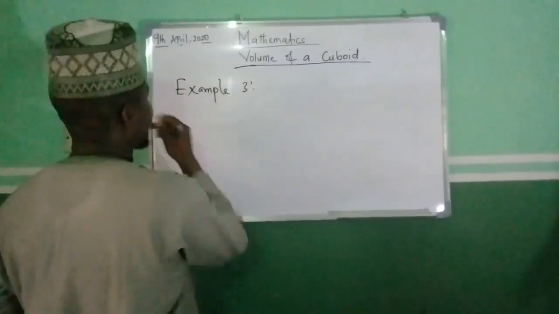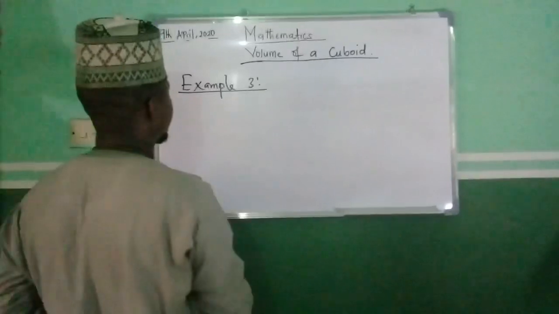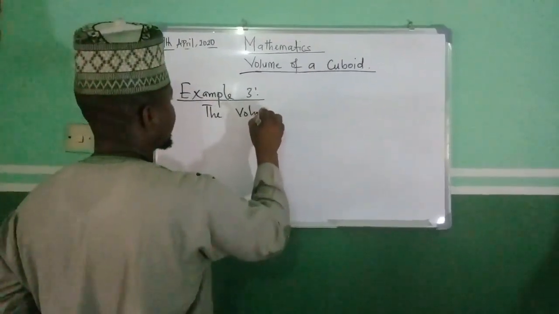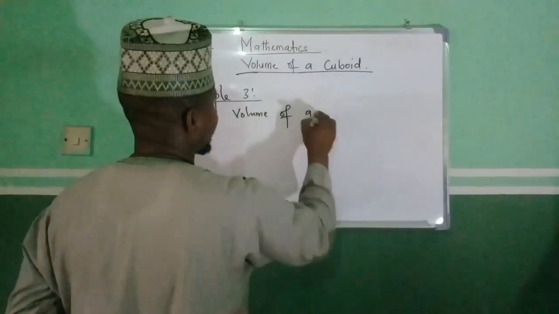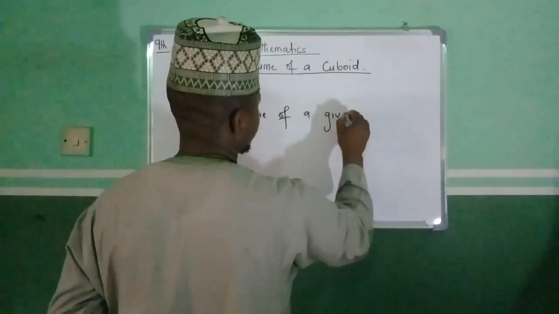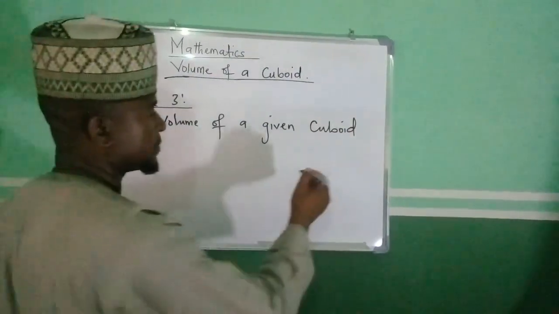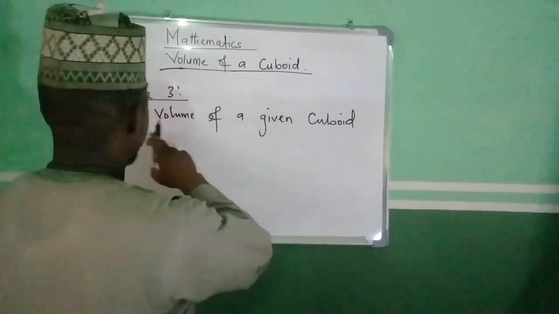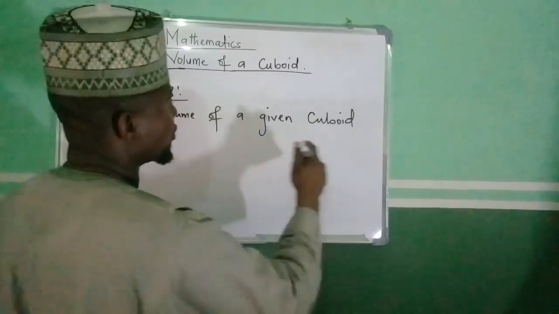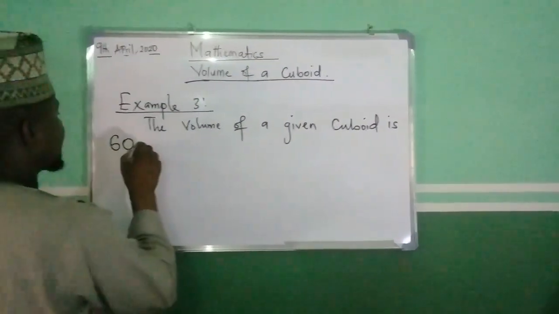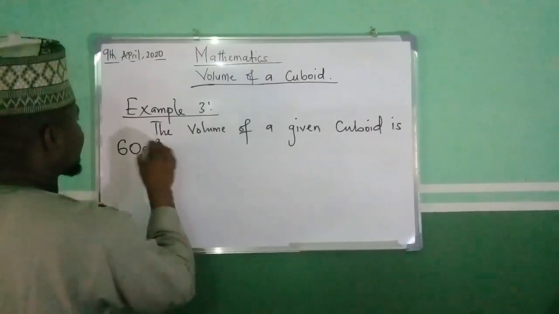Example 3. The volume of a given cuboid is 60 centimeters cubed.